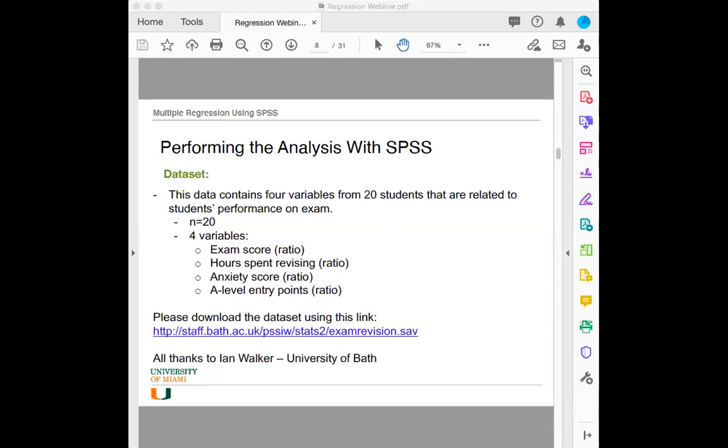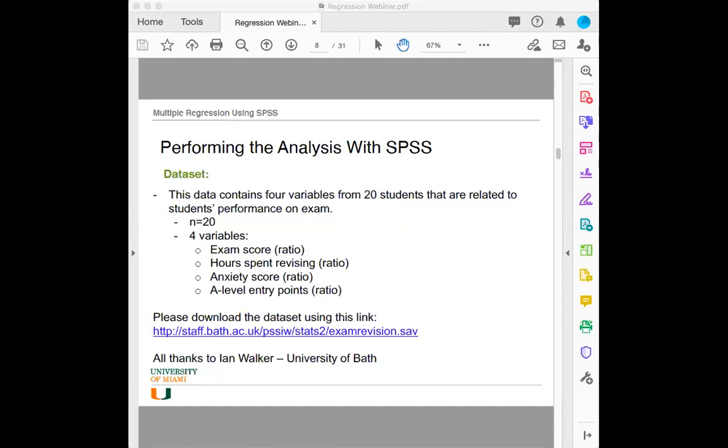Oh, you don't see my SPSS screen. Does anyone have access to, or can see my SPSS screen? Or it's not showing? Oh, okay. I see.